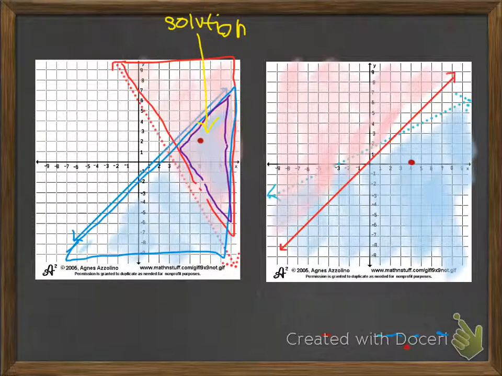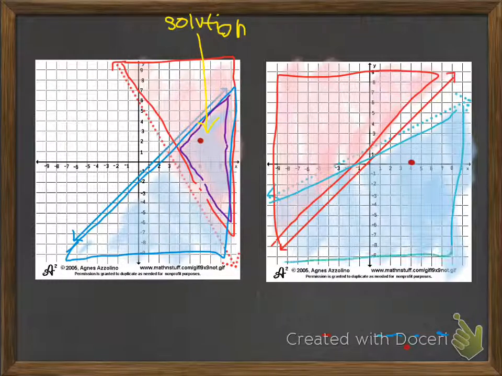So if we look at the second graph that we have, we've got that red area. I'll circle it for you. The red goes all along here, and then our blue goes around here. So what we have overlapping is a really narrow area, right in between here.